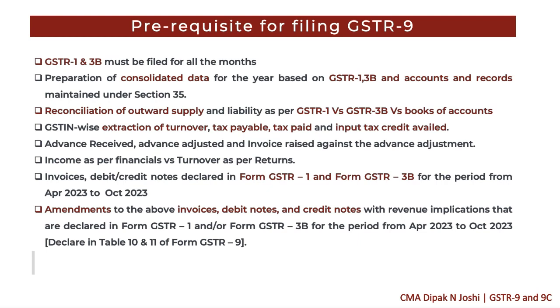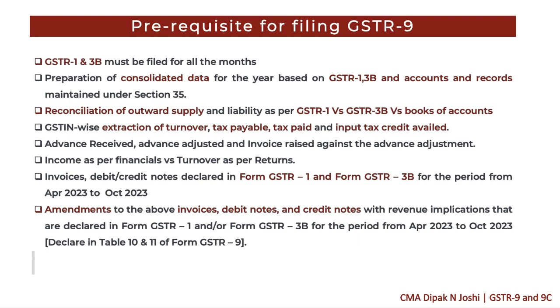Now, after that, a registered person must reconcile the outward supply and liability as declared in GSTR 1 and 3B with the books of accounts. In fact, the liability declared in GSTR 1 and GSTR 3B should be matched with the liability of the books of accounts.